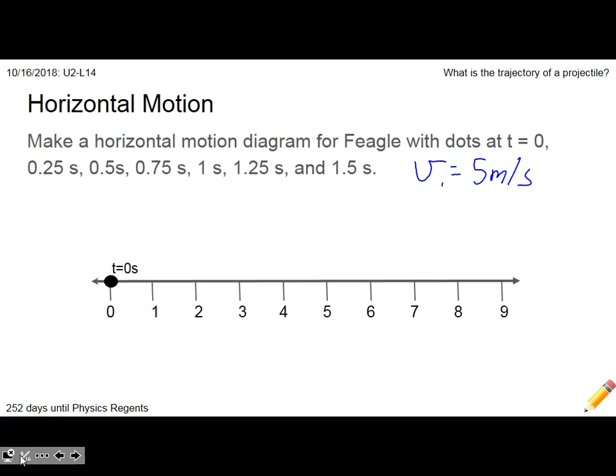Don't get too worried about putting it in the exact right place. I know there's some decimals that will come up. If it's at 5 after 1 second, where would it be after half a second?